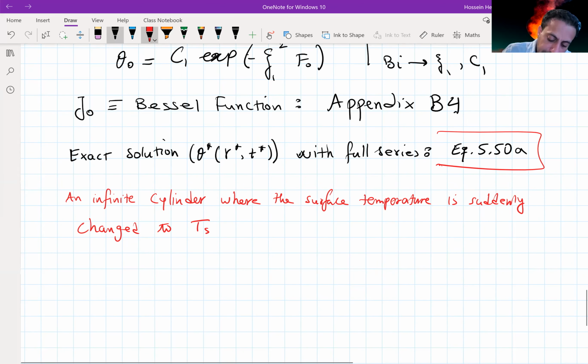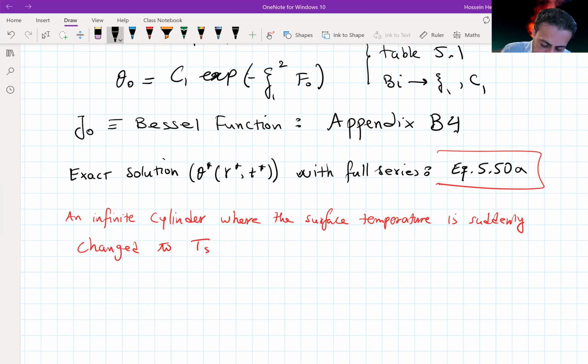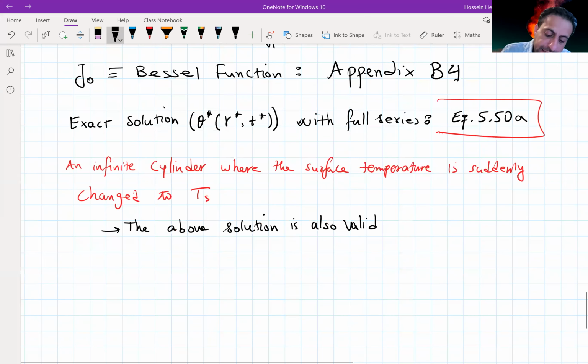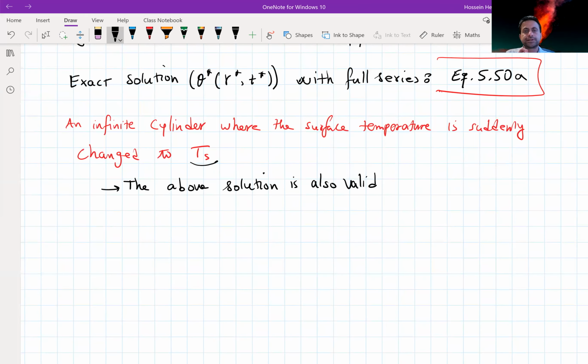We can use the approximate solution. The above solution is also valid, considering that this situation, where the surface temperature reaches a constant, is equivalent to having an infinite heat transfer coefficient.